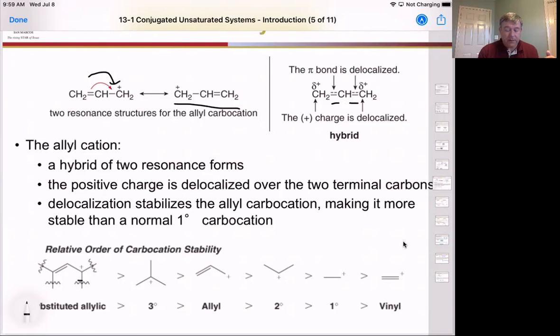So in the case here, we have substitutions, which gives us our conjugated tertiary carbocation. And then our next most stable is our tertiary carbocation, as we learned before. And then our allylic cation, because we're sharing that partial primary charge over 2 carbons, it's a little more stable than even our secondary. And then of course, our primary and vinyl cations are our least stable of our carbocations available.